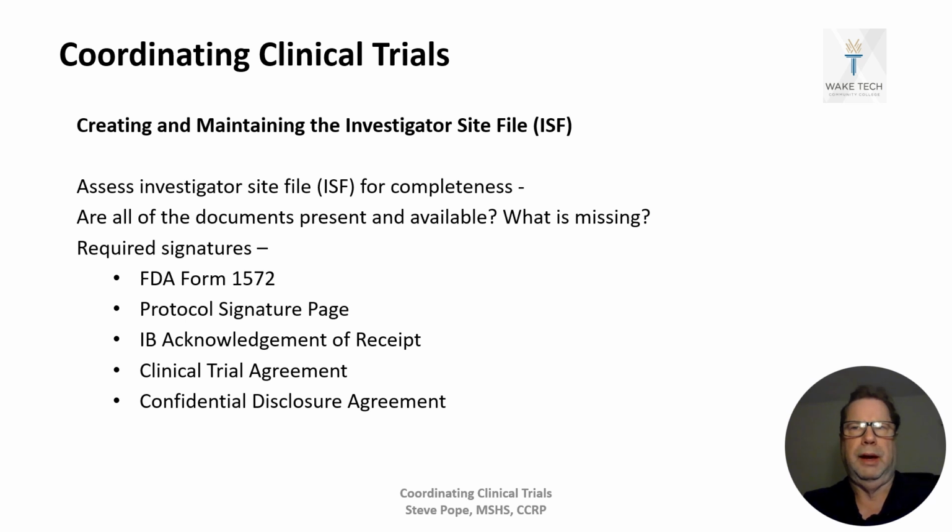Either the PI or in some cases some other person may sign that, depending on how your site functions. If it's a large research site, there's normally going to be some vice president of research who needs to sign that. It can't just be the principal investigator.